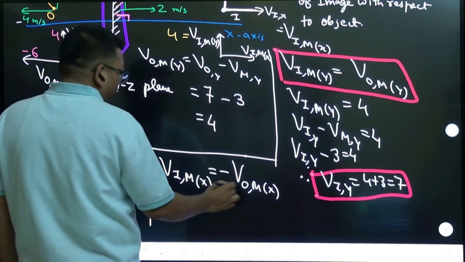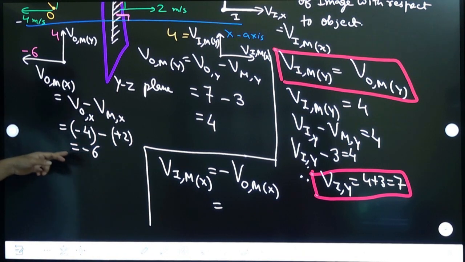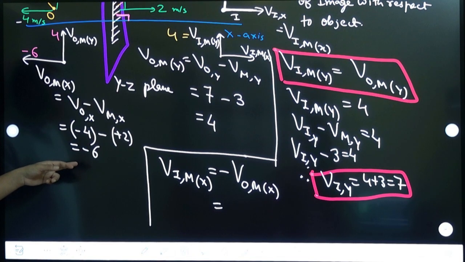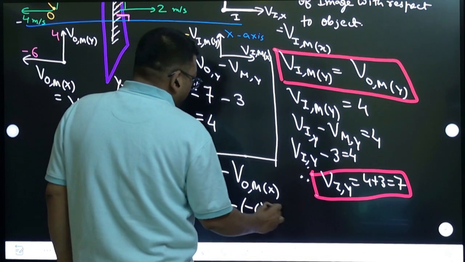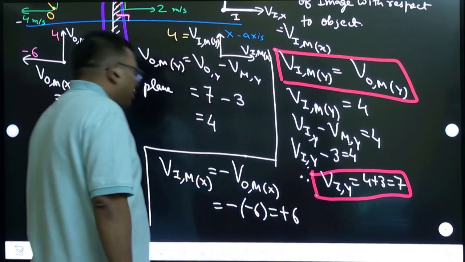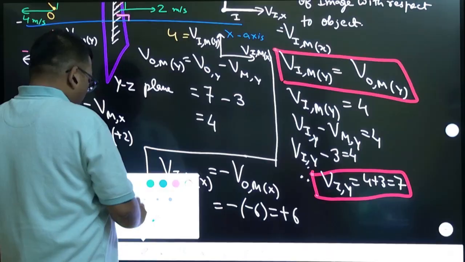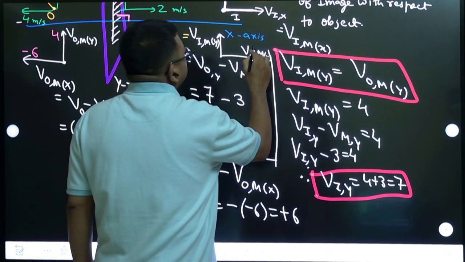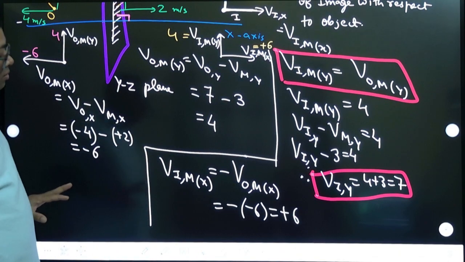So first of all, we already know object with respect to mirror along x-axis. This one was minus 6, right? Minus 6 it is. So minus of minus 6 we have to keep. That becomes plus 6. So in the relative velocity diagram, which here we have written 4, here we need to write plus 6. So this will become plus 6. This is relative velocity.